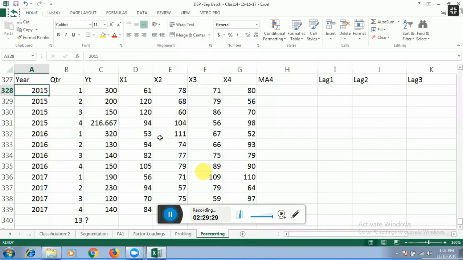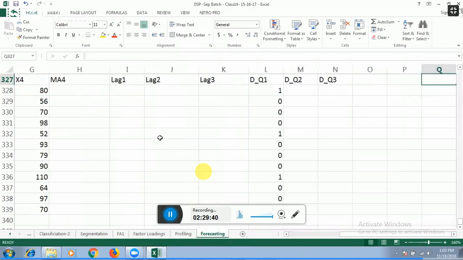Suppose Diwali last year was in October, and this year it was in November. In 2016, for example, I will introduce a Diwali flag. So what is the Diwali flag? Suppose you have monthly data: in which month in 2015 did you get Diwali? In which month in 2016 did you get Diwali? So that you can capture the effect of Diwali on the total sales.